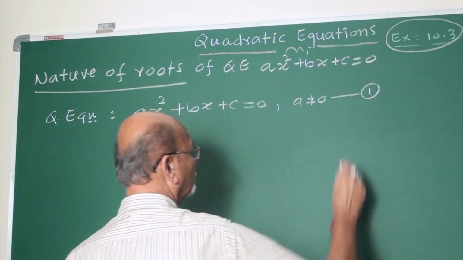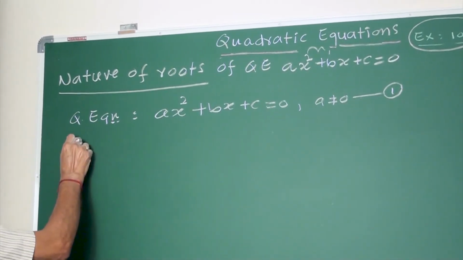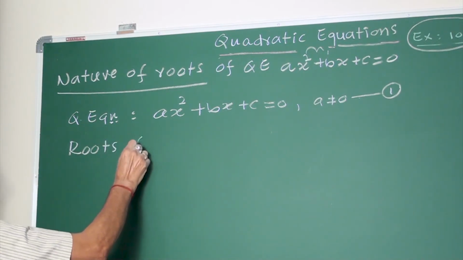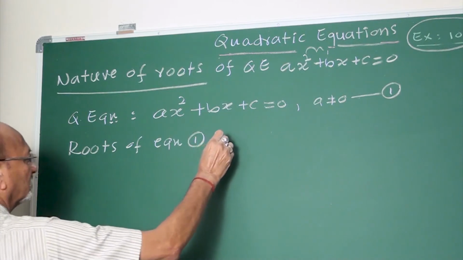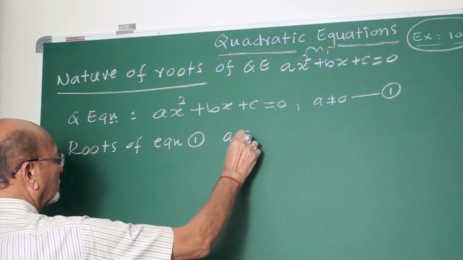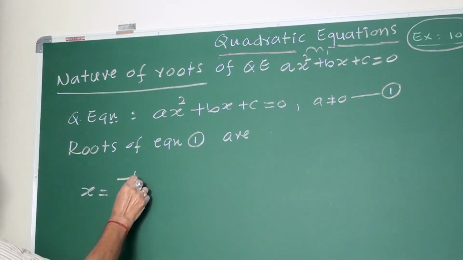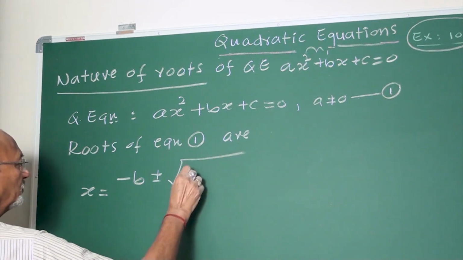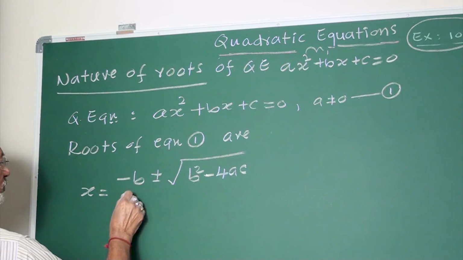Roots of equation 1 are given by x equal to minus b plus minus square root of b square minus 4ac upon 2a.